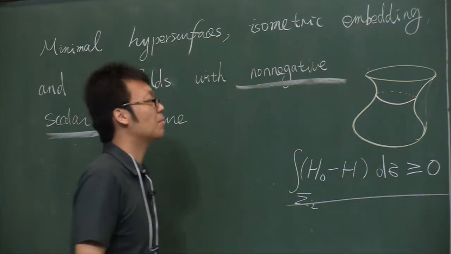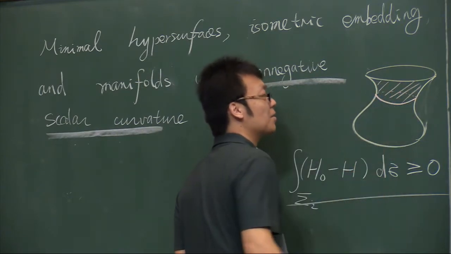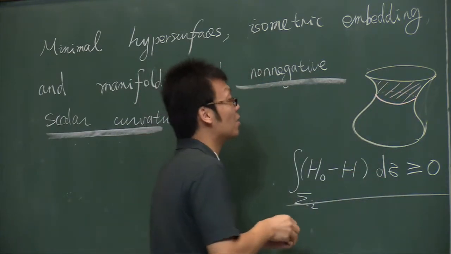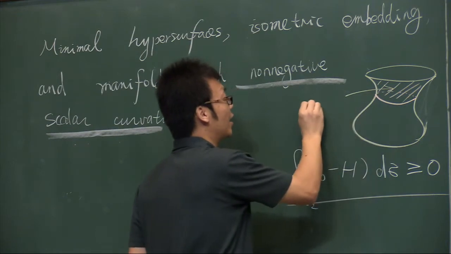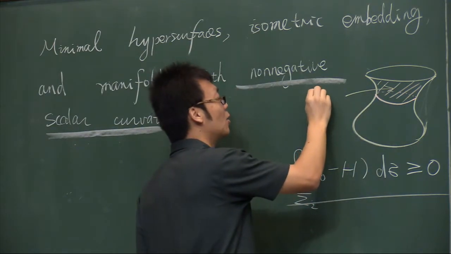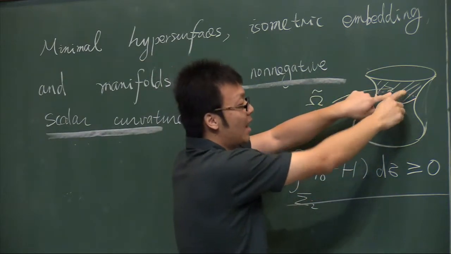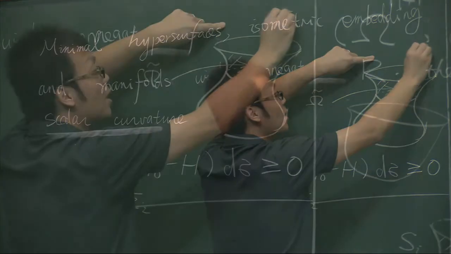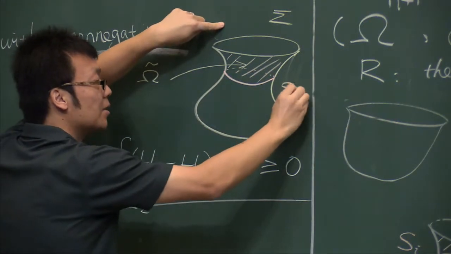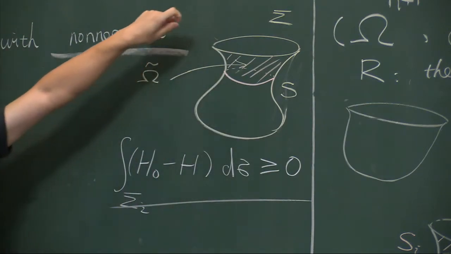There are pictures even in the connected boundary case where you can also see such a region, which I will call omega tilde. And such a region has the property that it is bounded by the original boundary sigma and a minimal hypersurface. Moreover, you cannot detect other closed minimal hypersurfaces inside.